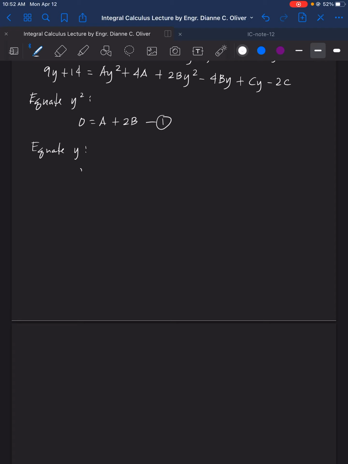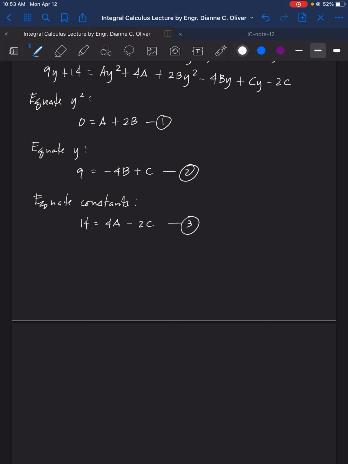So we have here 9 equals -4B + C. This is equation number 2. Equate constants. We have here 14 equals 4A - 2C. This is equation number 3.